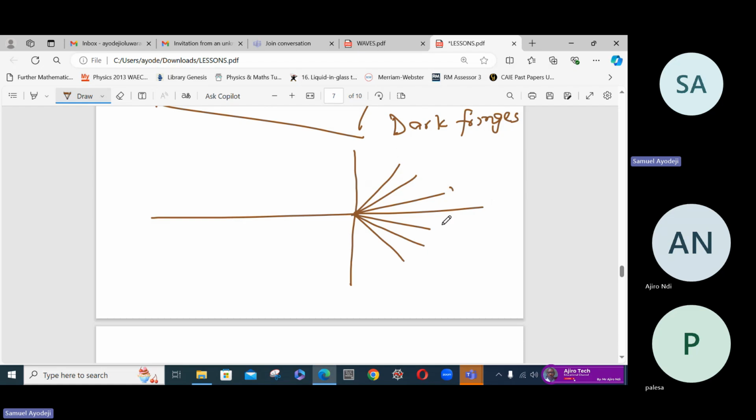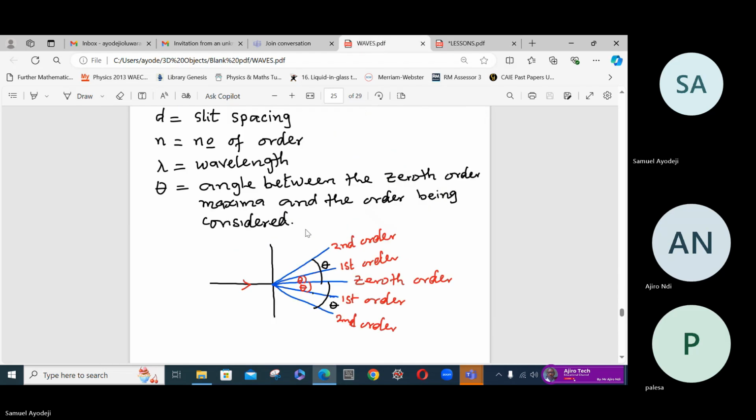This is 0. So the name is third order maximum. Assume I have another one here, 4, 4. That becomes fourth order maximum. So the highest gives the name here.